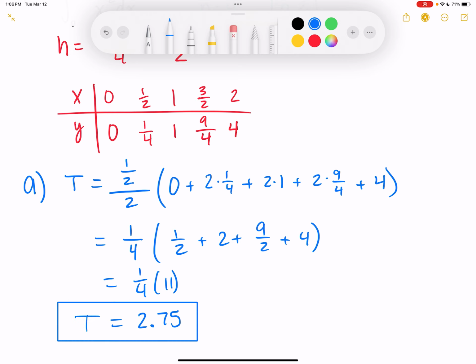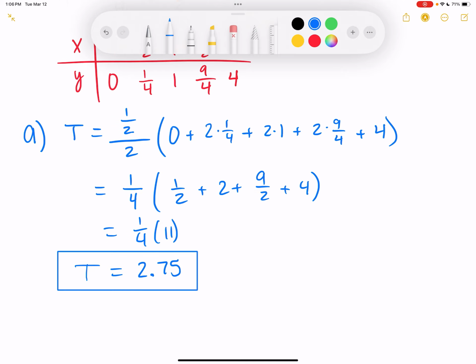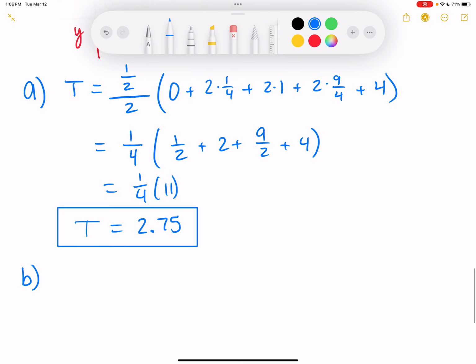Now we're going to use concavity to determine if it's an overestimate or an underestimate. So how do I determine concavity? You need the first derivative and then the second derivative test. What's the first derivative of x squared? 2x. What's the second derivative? 2.